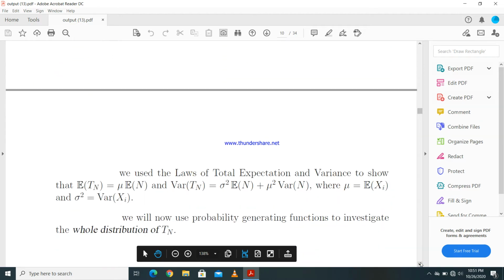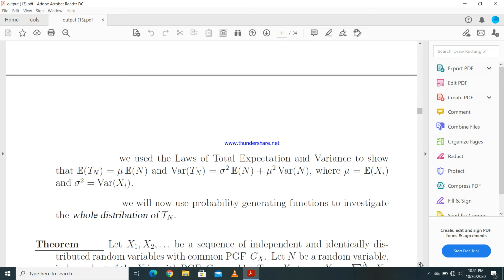In this case, we were interested in the expectation, the mean value of money, the expected value of TN, and also the variance of TN.